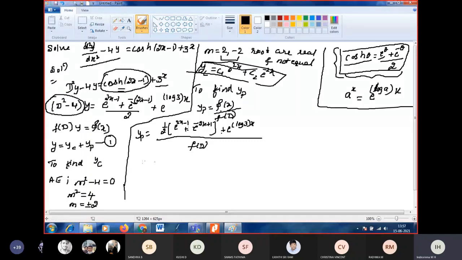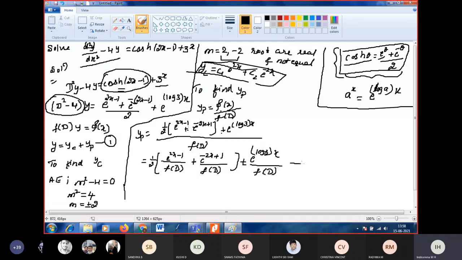Next I am going to split the numerator like 1 by 2 into e power 2x minus 1 by f of D, plus e power minus 2x plus 1 by f of D, plus e power log 3 into x by f of D. Call this equation number 2.